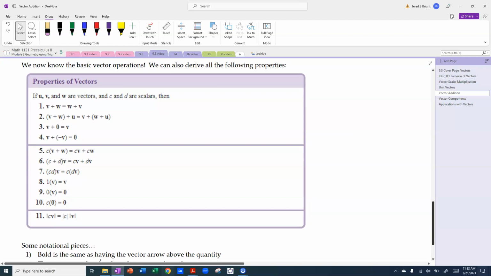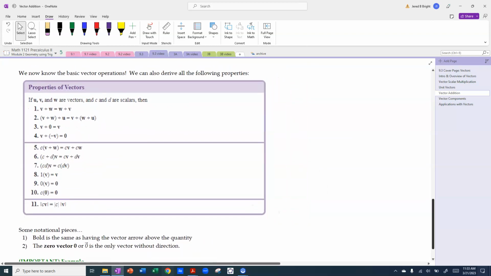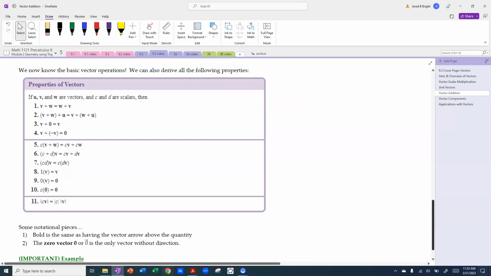A couple of notes here, and I'll maybe zoom out so we can see the notes. This one doesn't have arrows above it. It hurts me a little bit as a mathematician, but it's common for textbooks, instead of writing the arrow over the top, which takes more ink or is very annoying to key in, to have a bold letter instead. So if you see a very dark V, that's the same as saying V with a vector arrow over it.